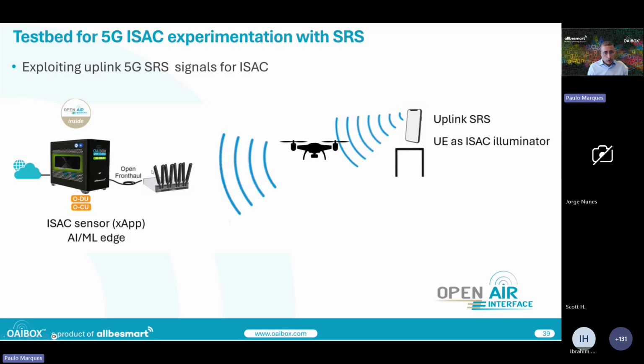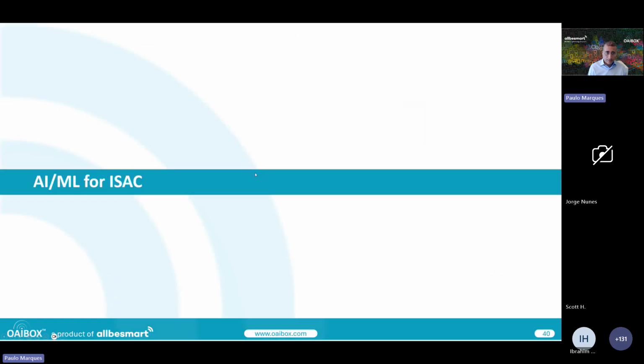And if you want to explore AI, machine learning at the edge on the gNB, it will be useful to have a GPU for training the models that will help you to detect the presence of the object that is moving in the scenario. Actually, today's demonstration is not to detect drones, it's to detect people, but this is the principle that you are going to demonstrate today.